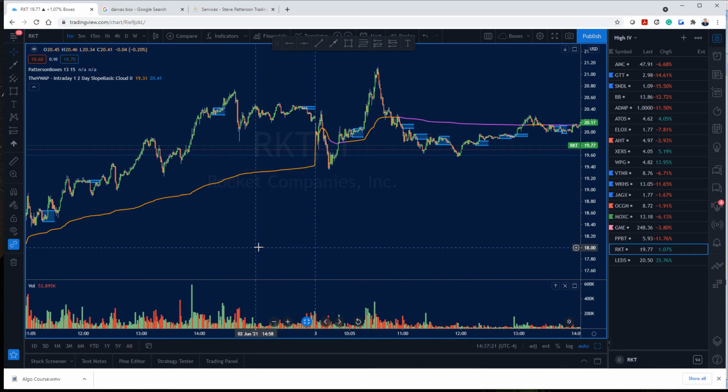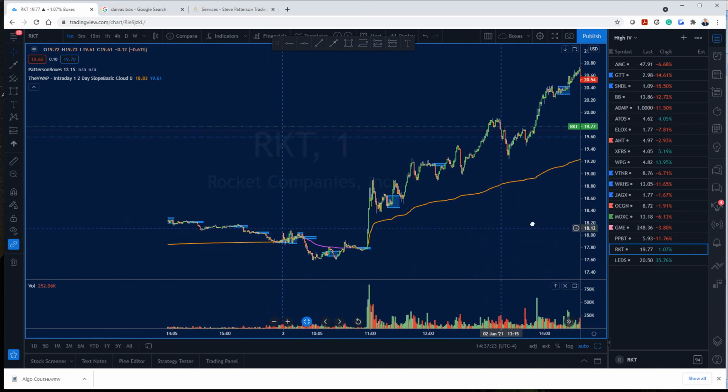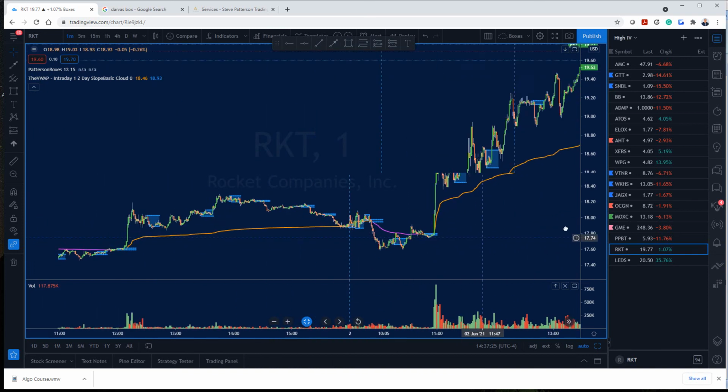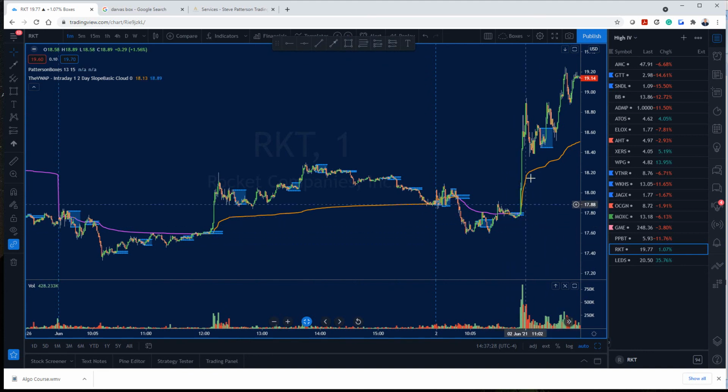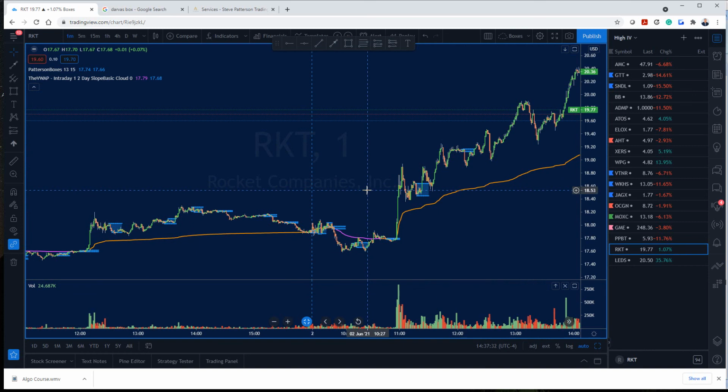See if there's any here on RKT. Yeah, here's another good example. Strong directional move, box, breakout, long. Okay? These boxes work great, guys.